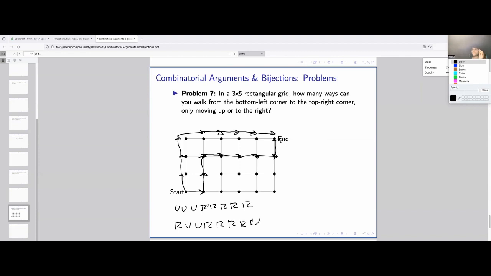Every reordering of these 3 U's and 5 R's corresponds to a unique path, and every unique path corresponds to one of these reorderings. So it's injective and surjective. It's a bijection.